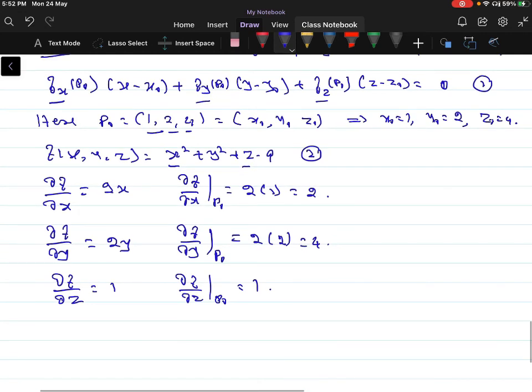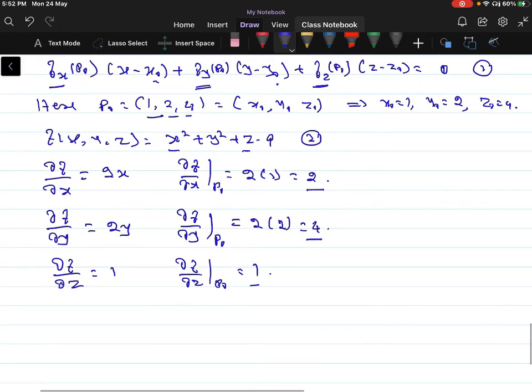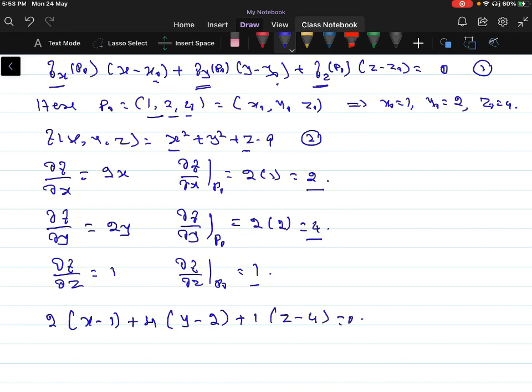Now substitute in equation 1. So fx of p naught is 2, fy of p naught is 4, fz of p naught is 1, where x naught, y naught, z naught is 1, 2, 4. Therefore equation 1 becomes 2 into x minus 1, plus 4 into y minus 2, plus 1 into z minus 4, is equal to 0.